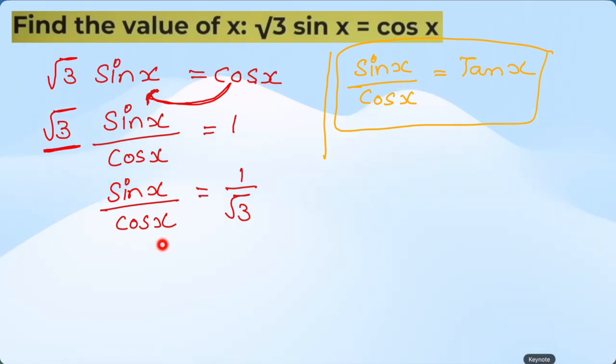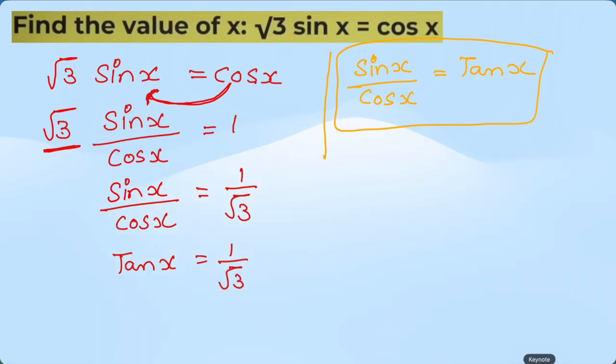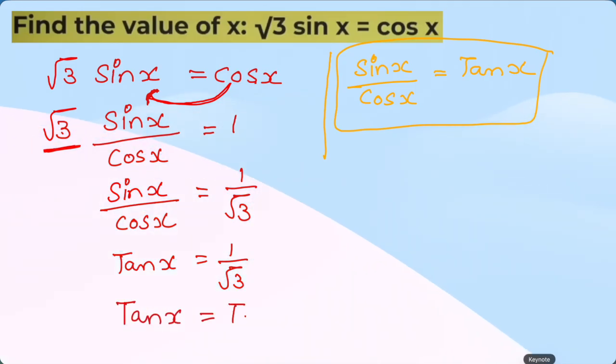This sin x by cos x can be written as tan x, right? So I will write it as tan x is equal to 1 by root 3. Again do the comparison. What is that angle of tan that gives us 1 by root 3? Good, that is 30 degree. So I can write it as tan x equals tan 30.